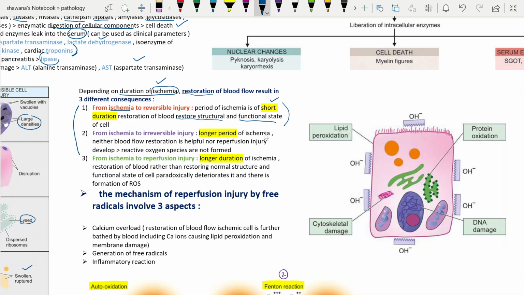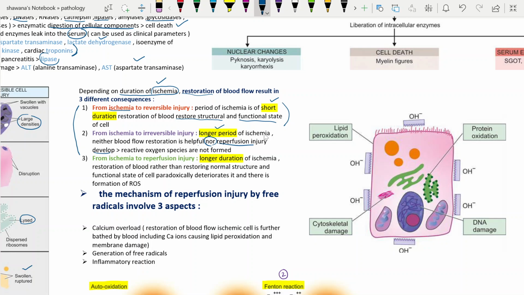The second one is that if the ischemia is of a longer duration, the blood flow restoration is helpful. Neither is it helpful, nor does reperfusion injury develop. What is reperfusion injury?